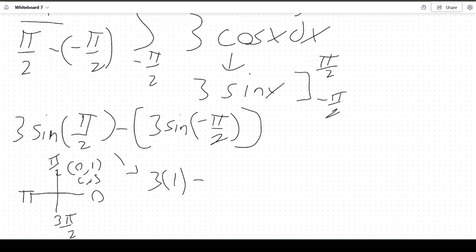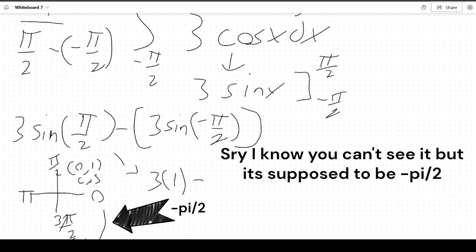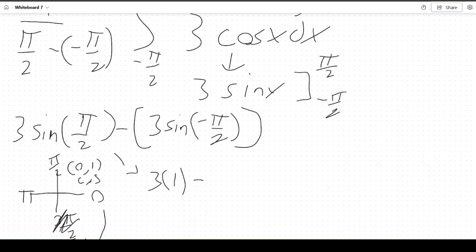And for the negative pi over 2, we can think of it as this. We can start from 0 here. We go all the way here. This would be negative pi over 2. This would be negative pi. This would be negative 3 pi over 2, since we're going in the opposite direction.